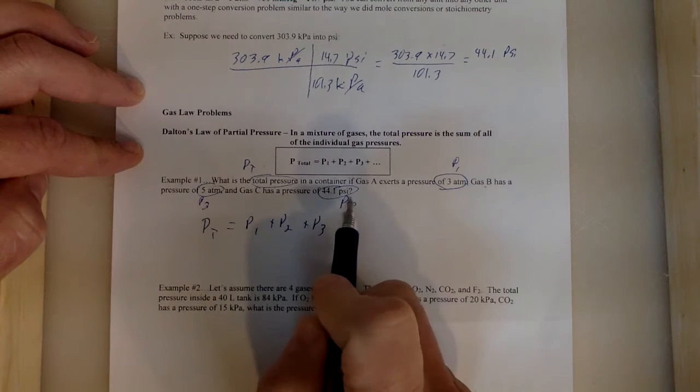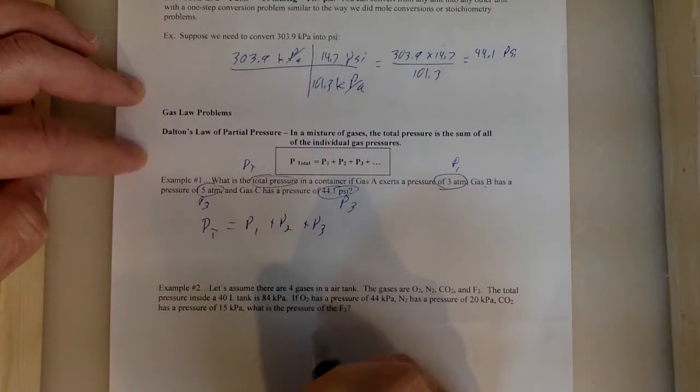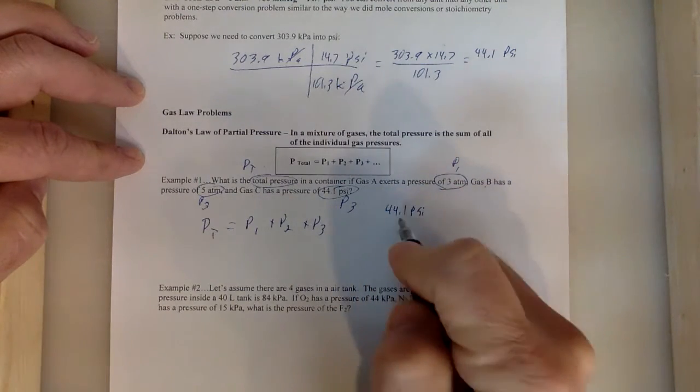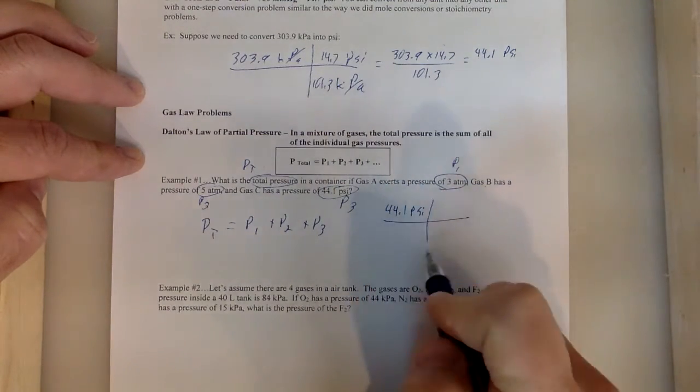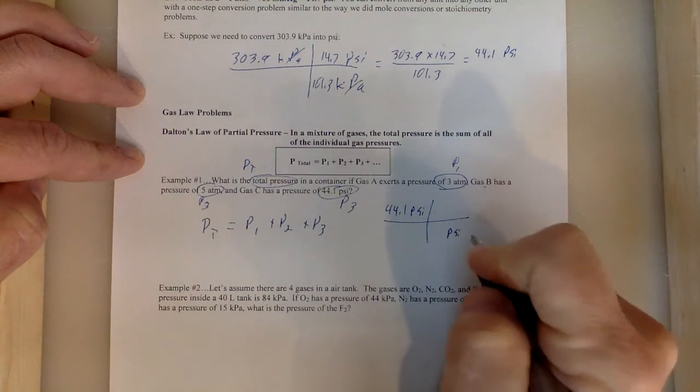So we know our total pressure is going to come from adding up P1 plus P2 plus P3. Now one thing we notice is psi is not the same as atm on the other gases. So we need to convert psi into atm. So we're going to go 44.1 psi, make your cross, word on top goes on the bottom. So we're going to put down psi.